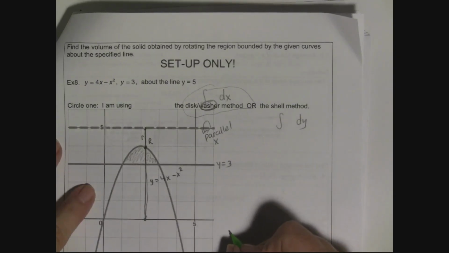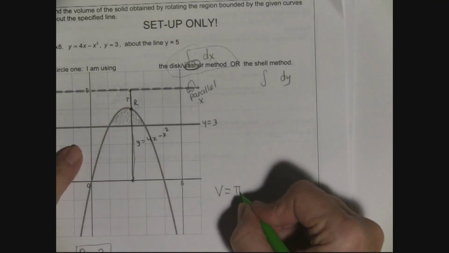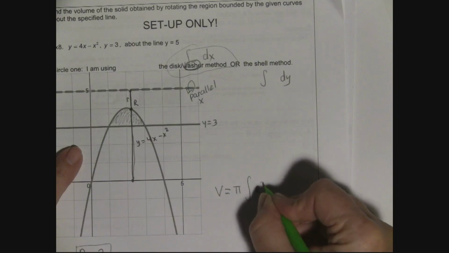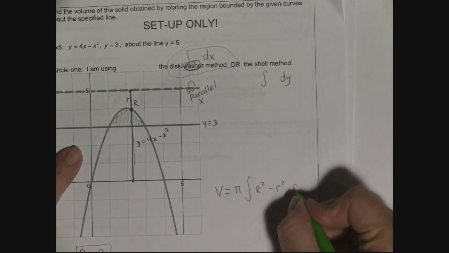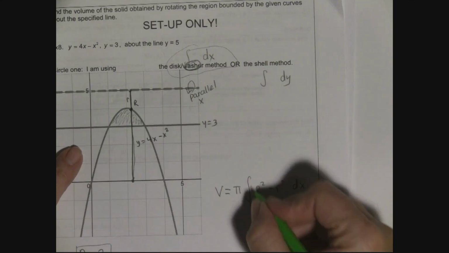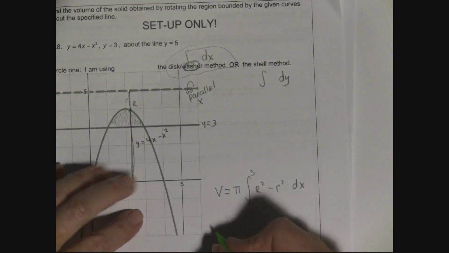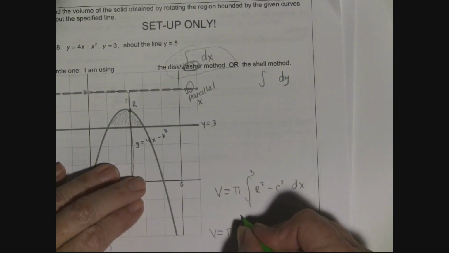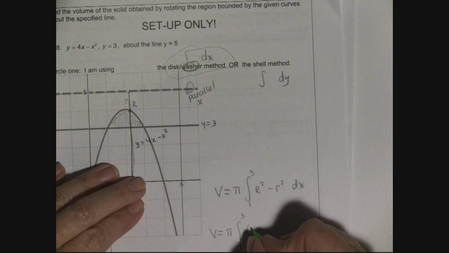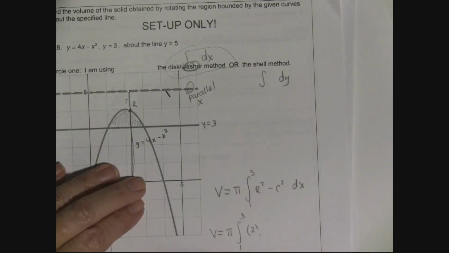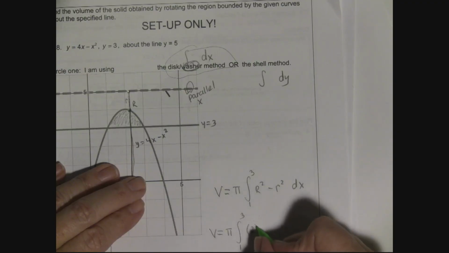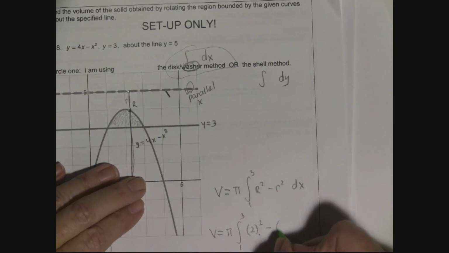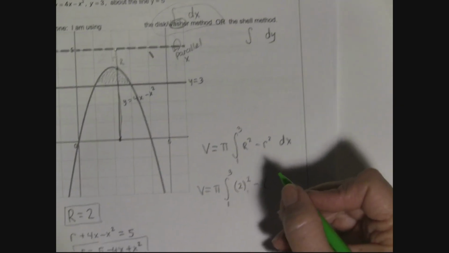So my formula for my volume, because it's a washer, is pi times the integral of R squared minus little r squared dx, from 1 to 3. We already know that, same bounds. So this is our volume, which is pi integral from 1 to 3, and then R squared, which is 2 squared, minus, and then little r is not a nice guy.